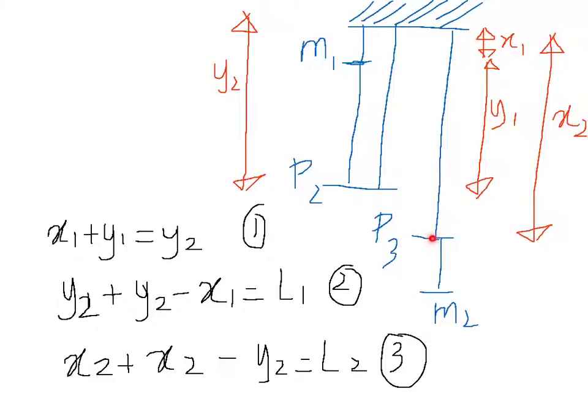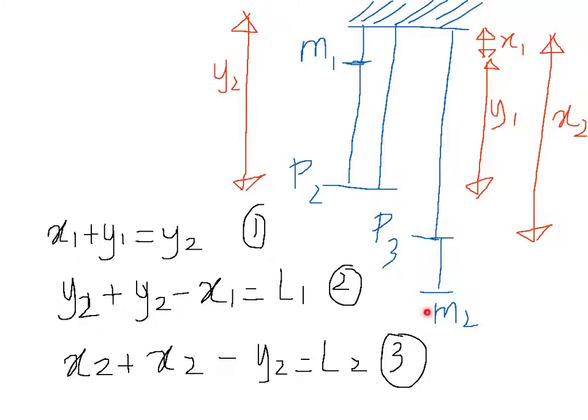So what are the accelerations we're talking about? The second derivative of x1 with respect to time is the acceleration of mass 1, and the second derivative of x2 with respect to time is the acceleration of the pulley P3, which is also the acceleration of M2, and that's really the relationship that we need to find.